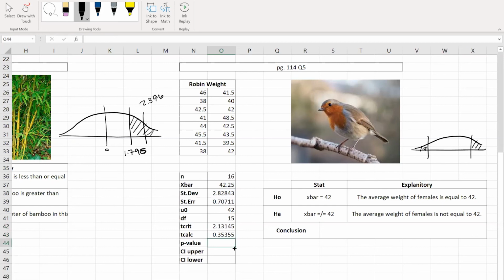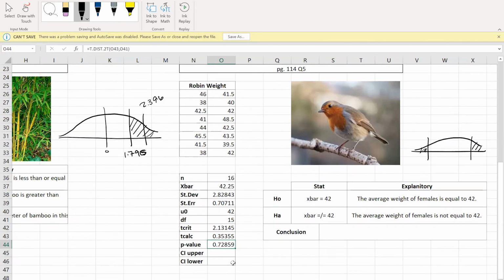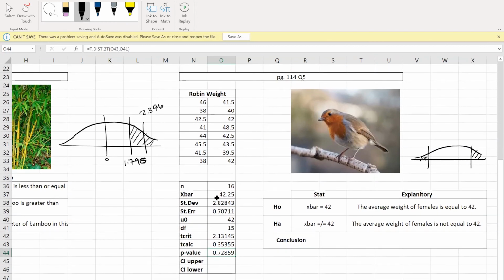So our p-value should be pretty big. Oh, not right-tailed. I meant to do two-tailed. And it is 0.72859. So that's saying that there is a like 73% chance that we would get this mean, this 42.25, if the population mean really is 42.